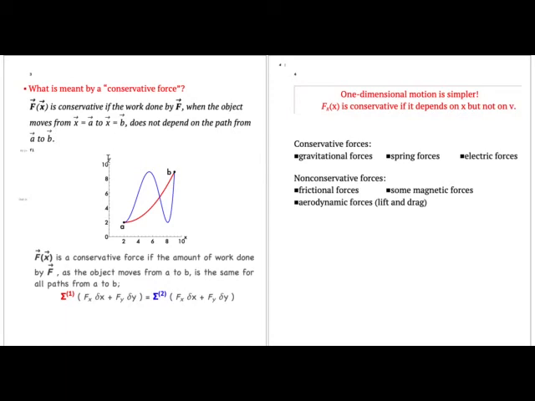So let's consider a two-dimensional system with coordinates x and y, and a point A, looks like that's 2, 2, and another point B, looks like that's 9, 9.